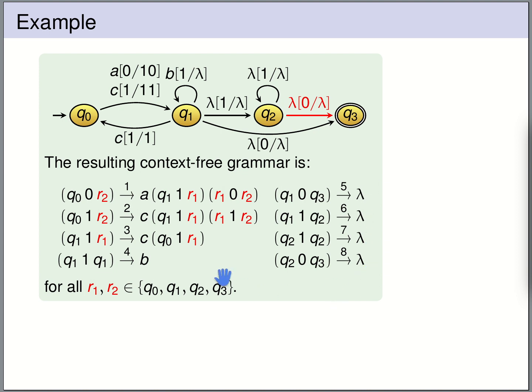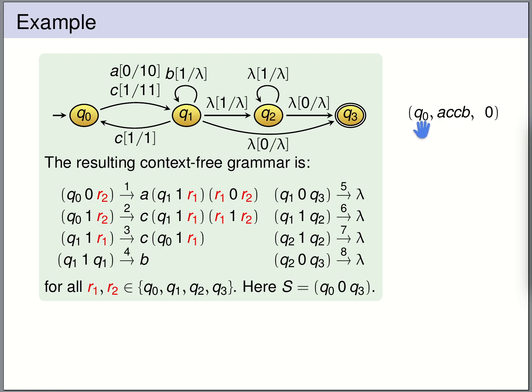Now let's have a look how this grammar works in practice. So let's try to use this grammar in order to simulate the computation of this automaton. The starting variable of our grammar is the starting state of the automaton together with the stack start symbol 0 and the final state of the automaton. Now let's have a look at the computation of the automaton.